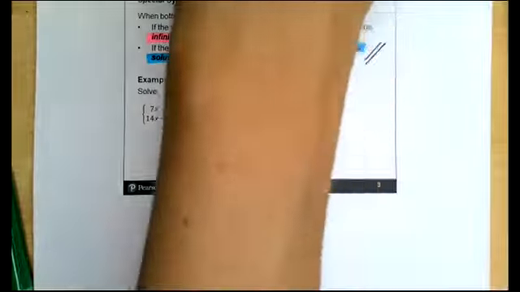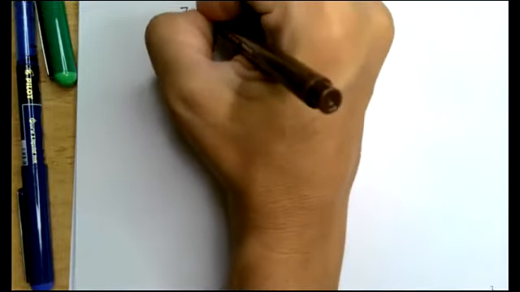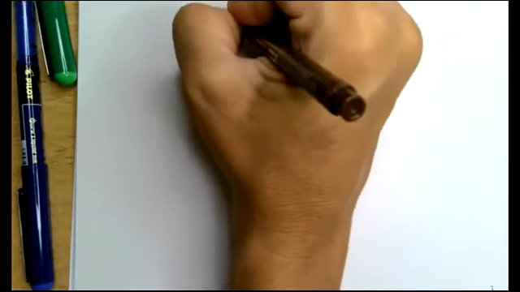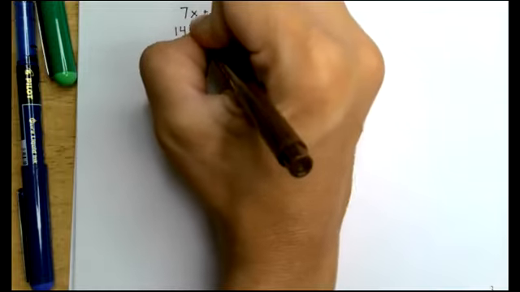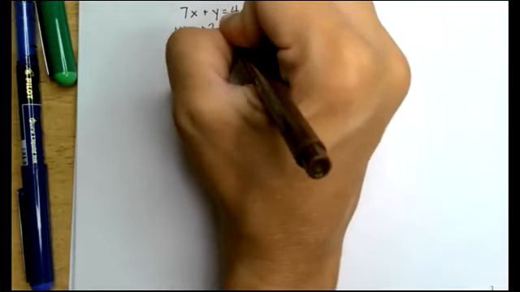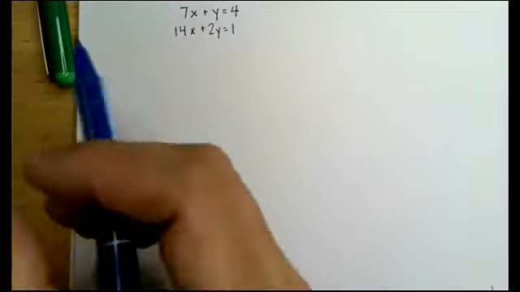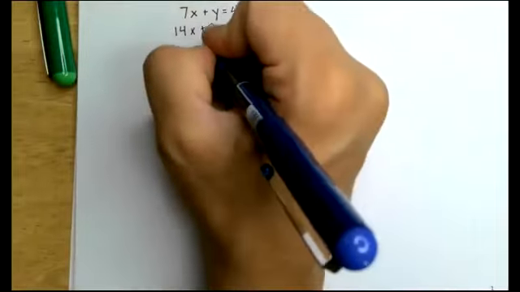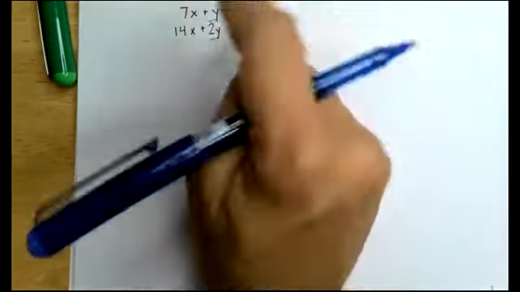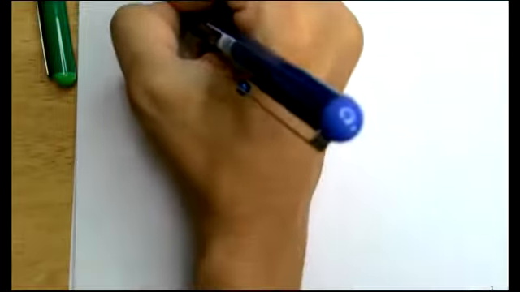All right, I'm going to go down here and rewrite them. 7x plus y equals 4 and 14x plus 2y equals 1. So if I wanted to eliminate, the y's look smaller. So I need to turn this guy into a -2y.